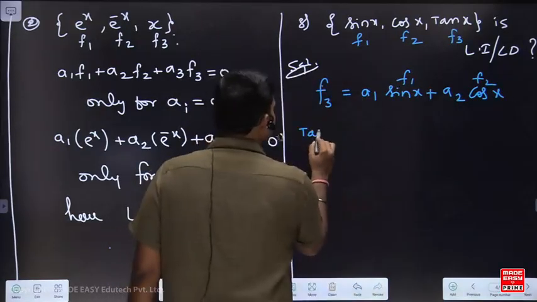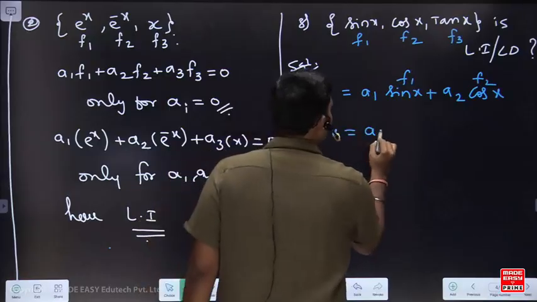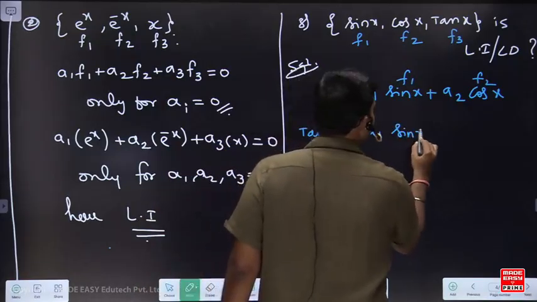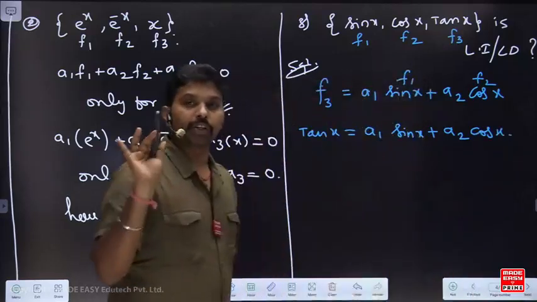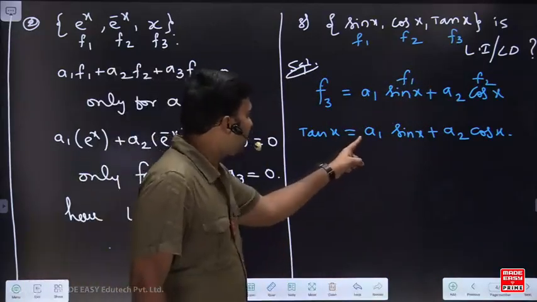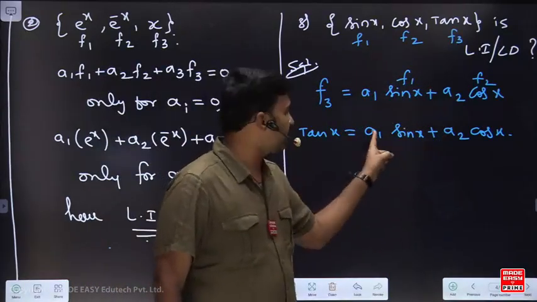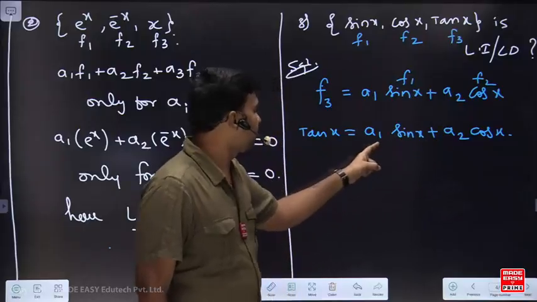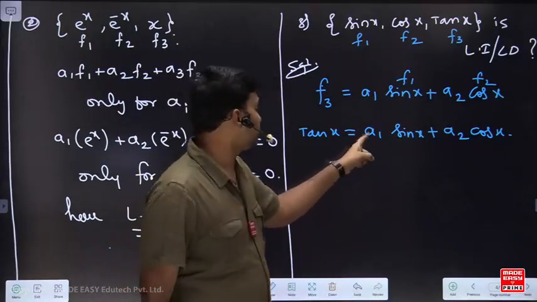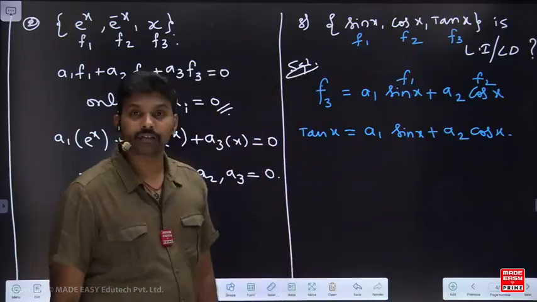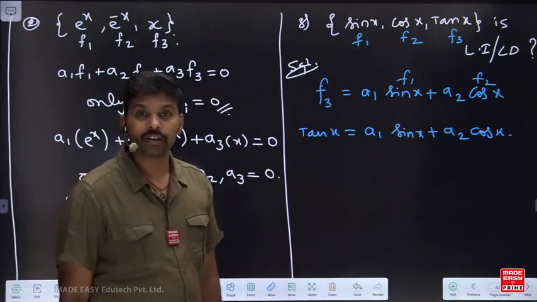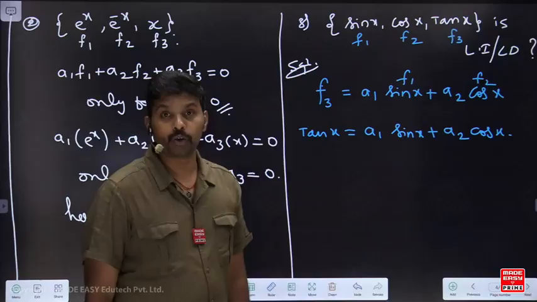Now this is going to be tan x equal to A1 into sin x plus A2 into cos x. Now I am asking you, my dear students, is there any non-zero A1, A2 so that A1 sin x plus A2 cos x will give you tan x? Is there any chance? No chance.